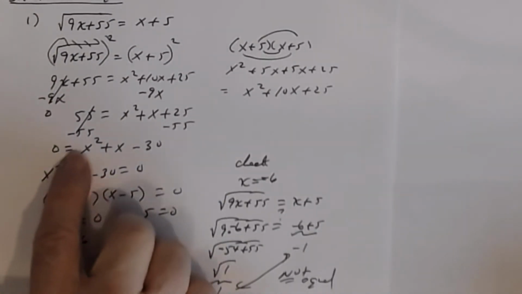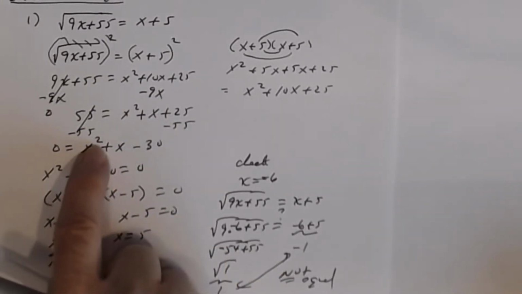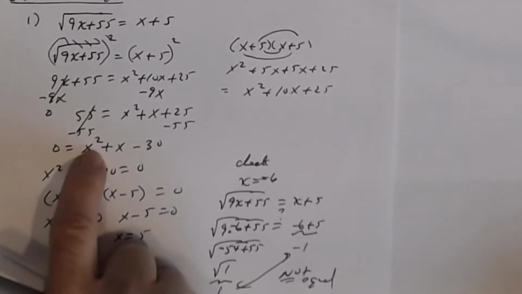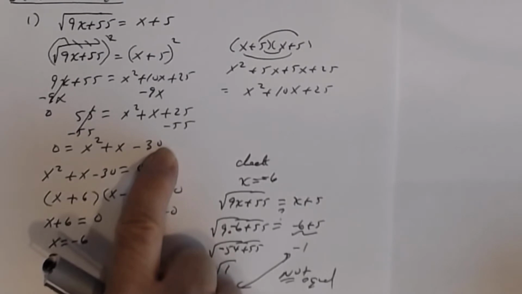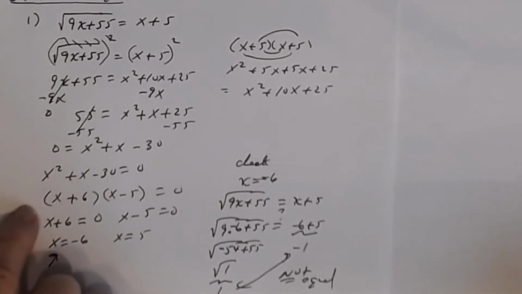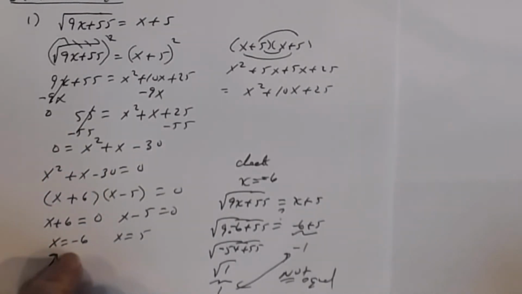Now, negative 6 is a solution to this quadratic, because negative 6 times itself is 36, 36 and a negative 30 is a positive 6, and a 6 and a negative 6 is 0. Okay, so it's a solution to this. That's why they call it an extraneous solution.